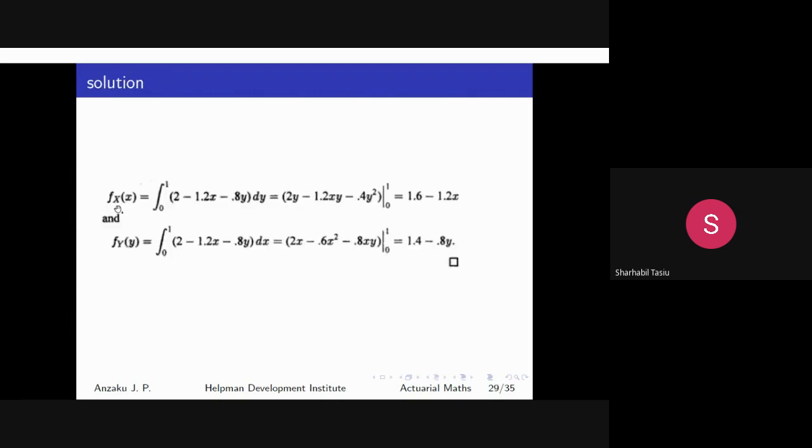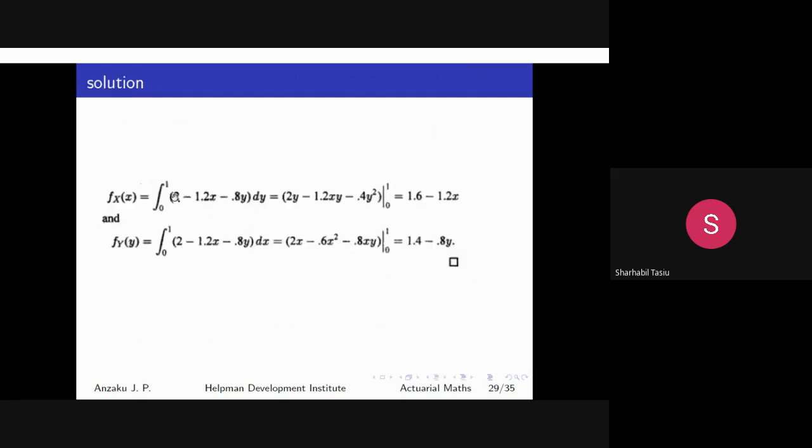For x, the marginal distribution for x, represented as f of x, is equal to the integral from 0 to 1. Now, 0 to 1 here is for y, the limits or the range of values for y.